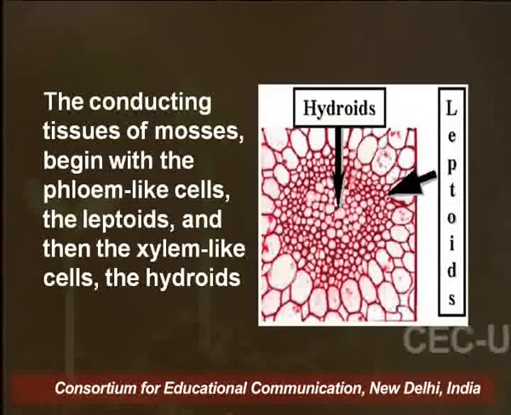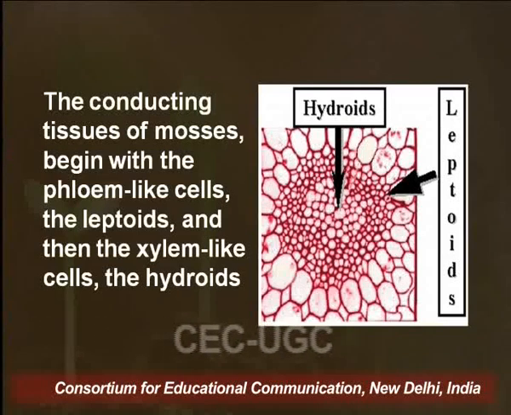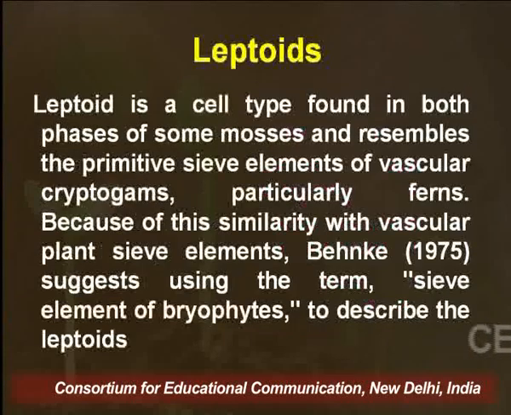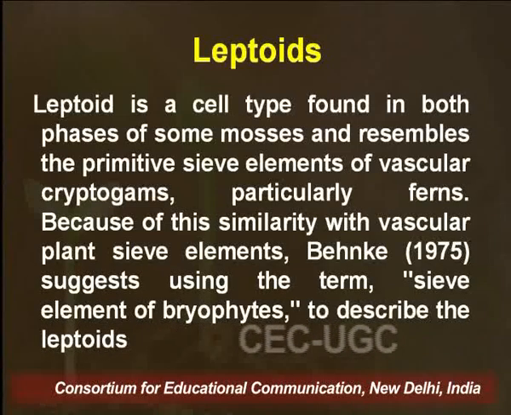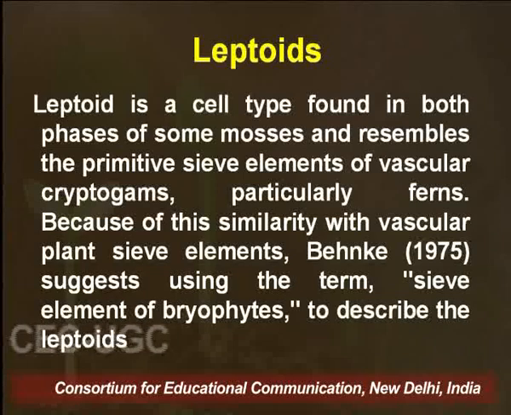The conducting tissues of mosses begin with the phloem-like cells, the leptoids, and then the xylem-like cells, the hydroids. Leptoid is a cell type which is found in both phases of some mosses and resembles the primitive sieve elements of vascular cryptogams and particularly the ferns.